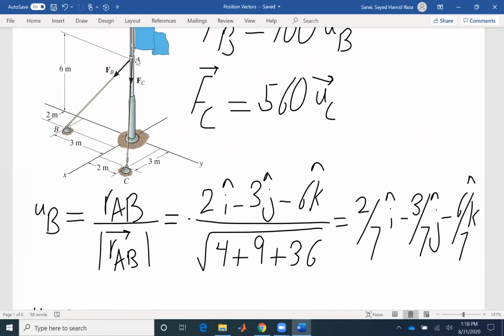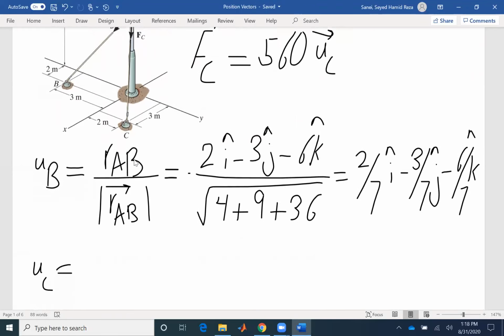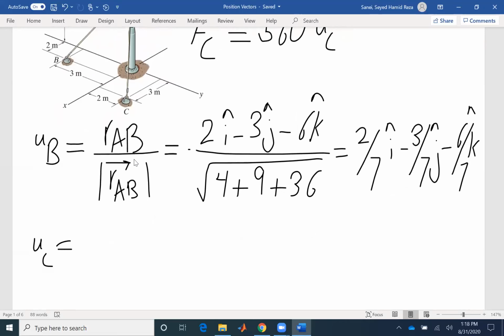The next task is to find the unit vector C. C is going from A to C. So UC, we can also write it as UAC. How to find it? Position vector divided by its magnitude. That's the definition of unit vector that I talked about in the previous video.